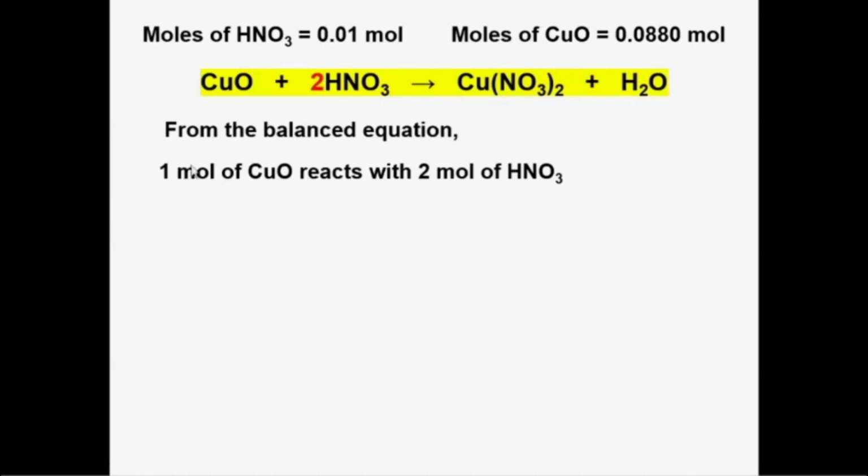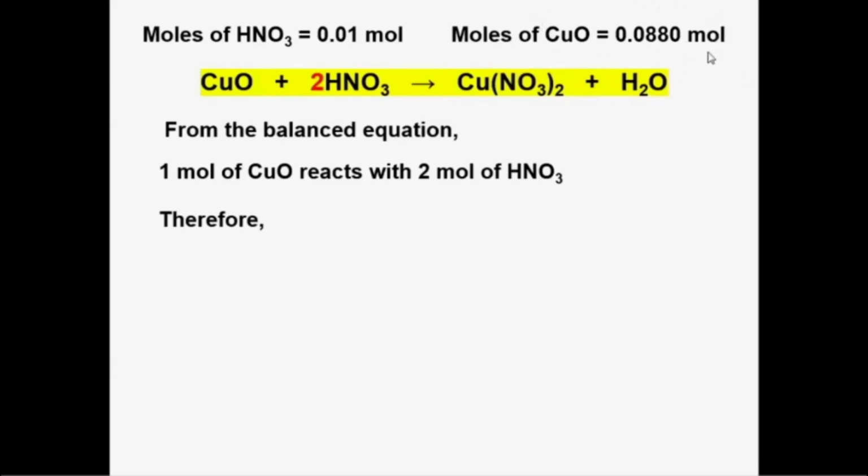From the balanced equation, 1 mole of copper oxide reacts with 2 moles of nitric acid. We don't have 1 mole of copper oxide, so how many moles of copper oxide do we use in this reaction? Yes, here, guys, 0.088 moles.